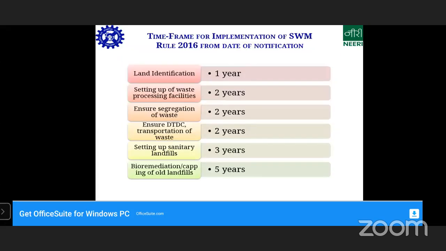So they gave some time for the identification of the facility and all those things. According to that, the land for the processing unit or setting up the processing facility is 1 year. Then ensuring segregation of waste should be done within 2 years. Then setting up the sanitary landfill.